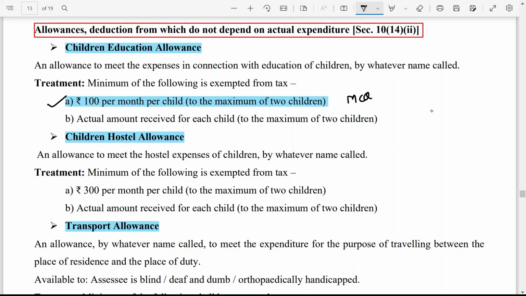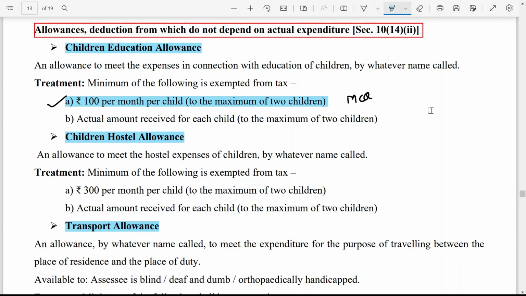Any allowance to meet the hostel expenses of children, by whatever name called, the minimum of the following is exempt from tax. Rupees 300 per month per child to the maximum of two children. Actual amount received for each child to the maximum of two children. So this is all about children hostel allowance. It is the same as children education allowance. Just there is a difference in amount.